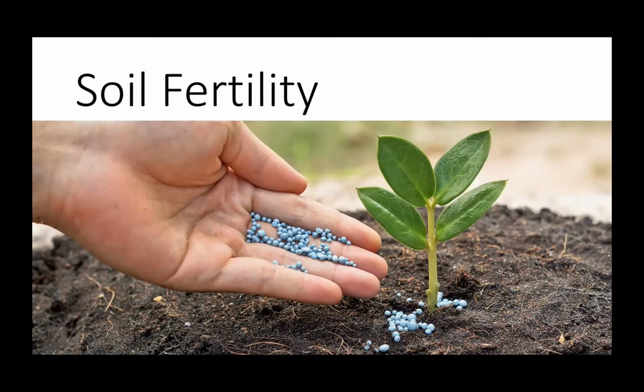Fertility is just looking at the nutrients. So that is a component of productivity, but they're not the same thing. Your fertility is just looking at how well stocked with nutrients your soil is and how it can provide those nutrients to your plant. So I don't recommend putting your nutrient pellets right next to your plant, but it's a good photo to talk about, I guess.